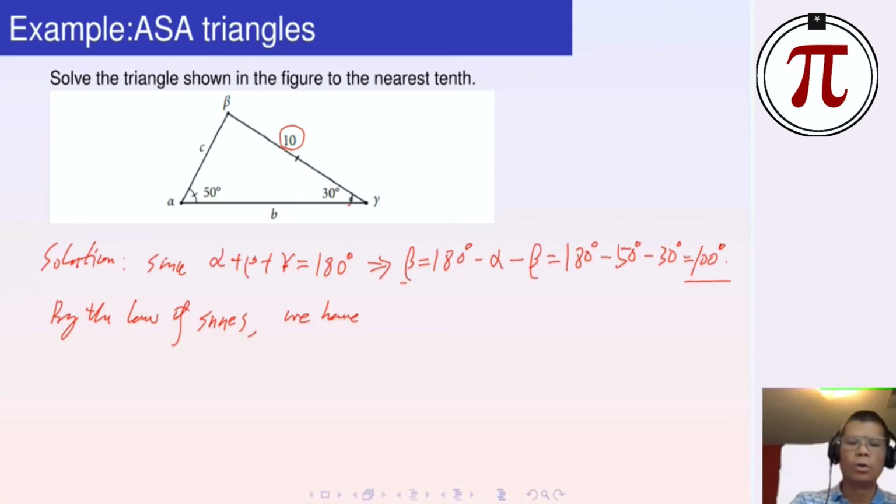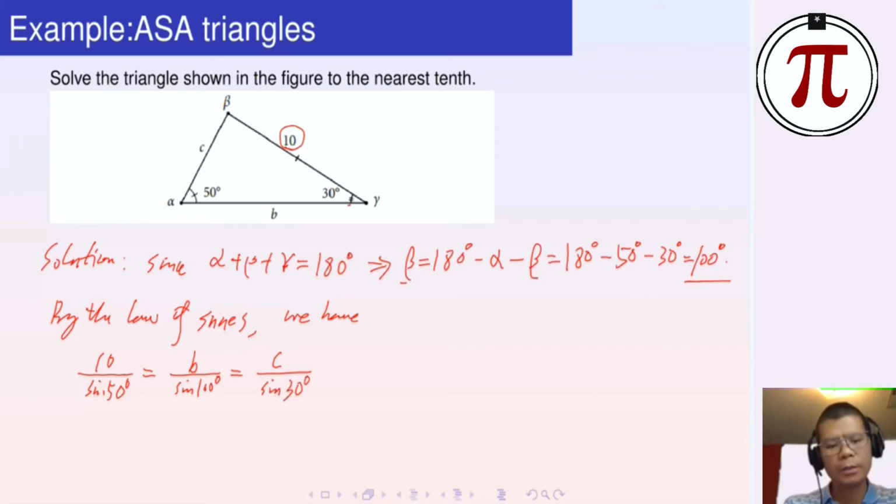So 10 over sine 50 degrees equals B over sine beta, that's sine 100, which equals C over sine 30 degrees.